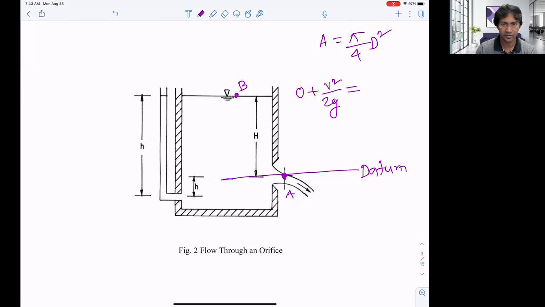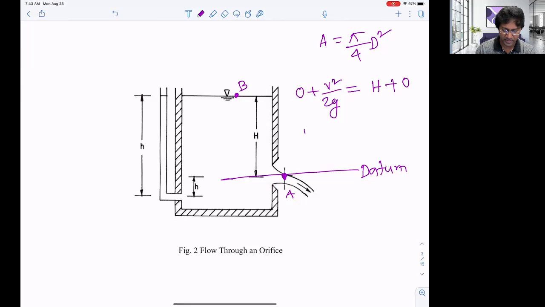No. What we only have is that height h, the head we have there. The velocity is 0.